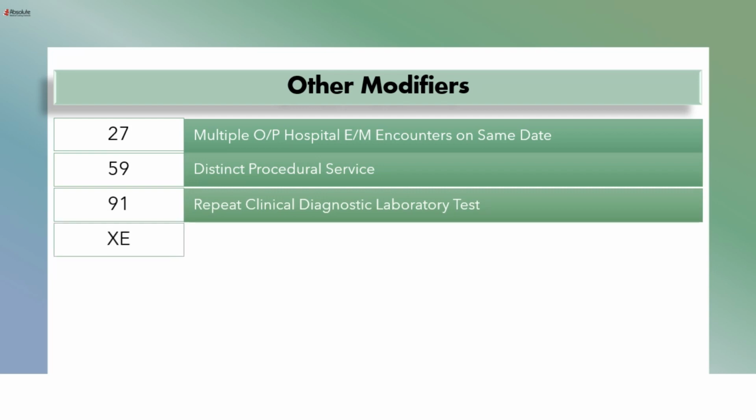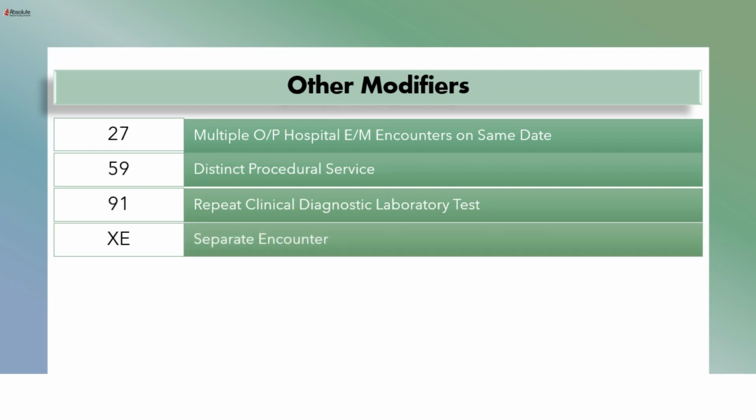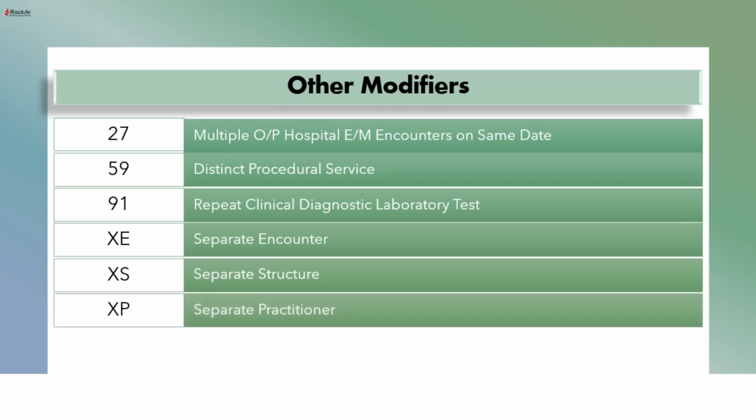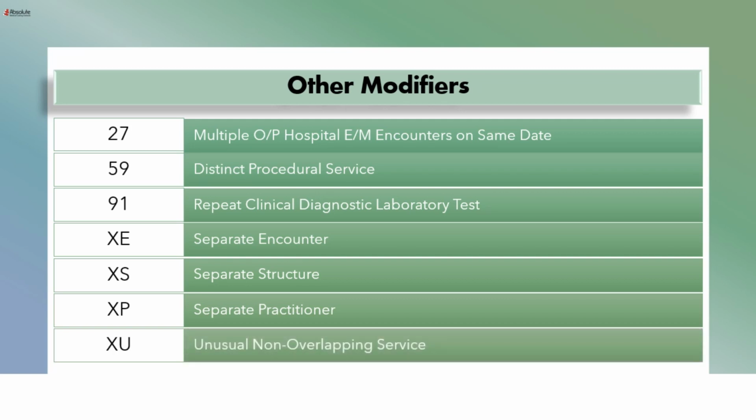And then we have our X modifiers to be used in lieu of modifier 59 when the payers require it. So we have XE, which indicates a separate encounter. XS is a separate structure. XP is a separate practitioner. And XU is an unusual, non-overlapping service.